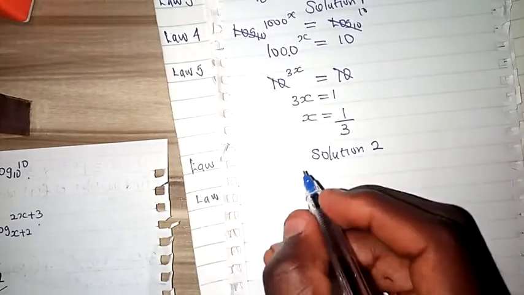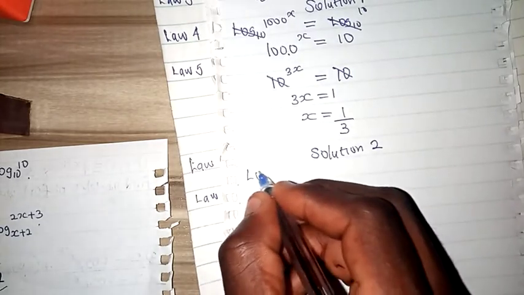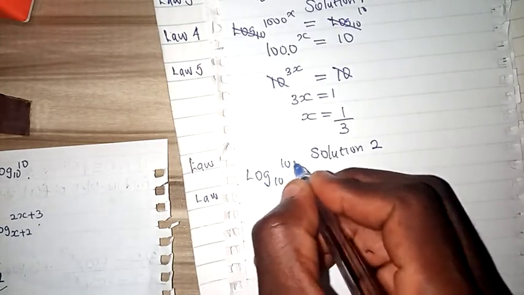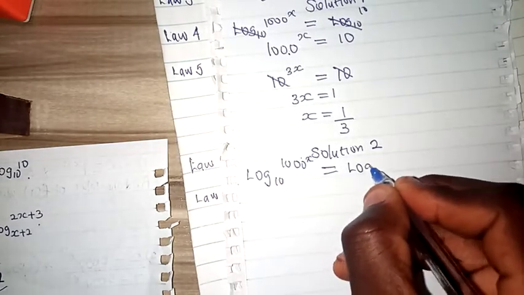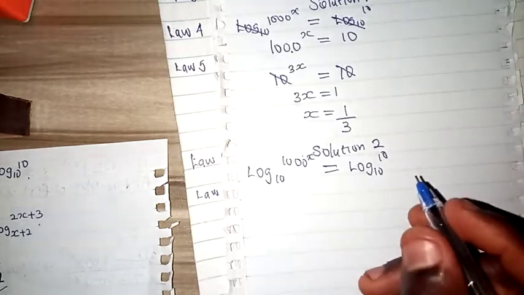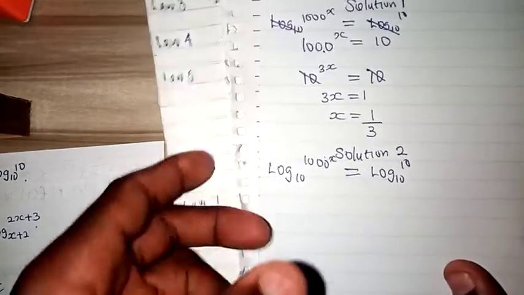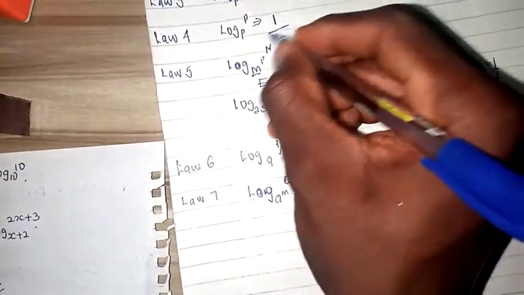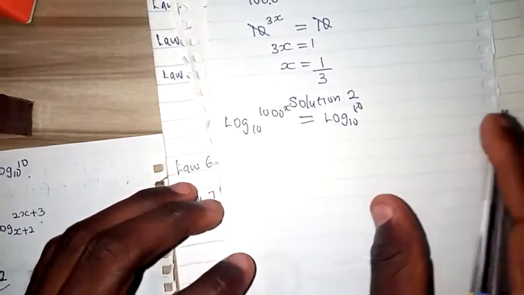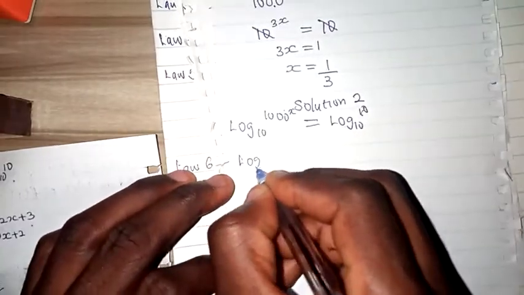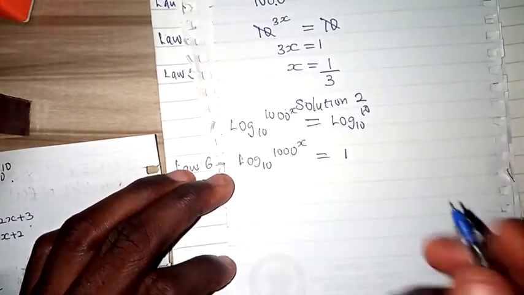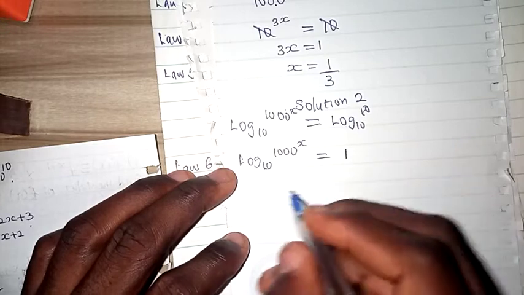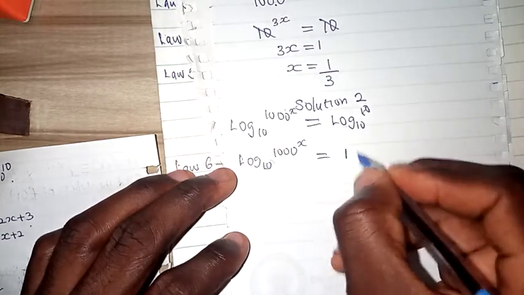Now let's go to solution 2. It is very simple to solve using solution 2. When you have log 10 of 10 raised to power x equal to, we know that according to the law that I have here, if you check this law, the answer to this one will be equal to 1. Now, whenever you have a log in this manner, you can put this 10 and raise it to the power of this.